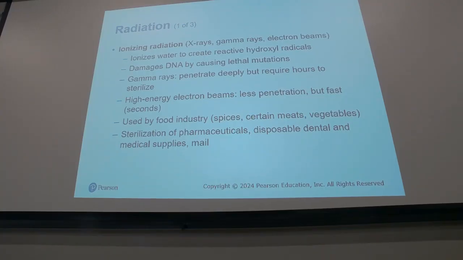The last physical method, ionizing radiation. So we have several types. The use of X-rays and gamma rays, both of which have high energy. They can penetrate the items, break down macromolecules like DNA, creating mutations in the microorganisms.